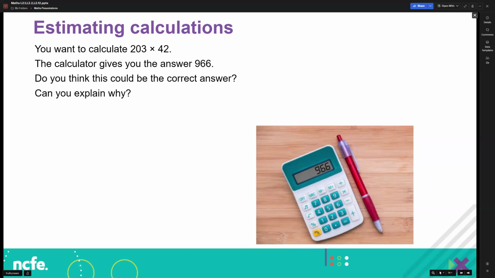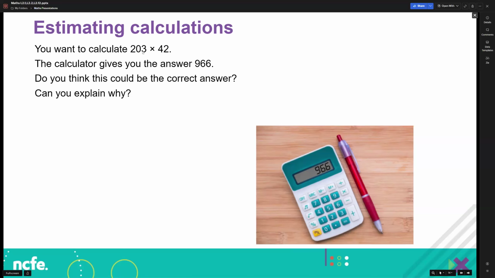Okay, so let's look at the actual sum, the initial sum. 203 times 42. Now, 966 is not that big of a number when you're looking at 203 and 42 multiplied. So let's just think, 203 is basically 200.